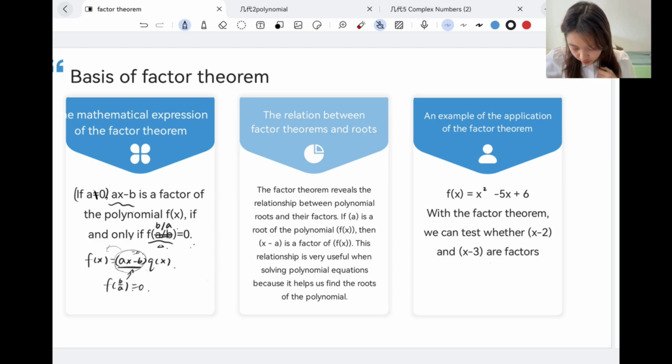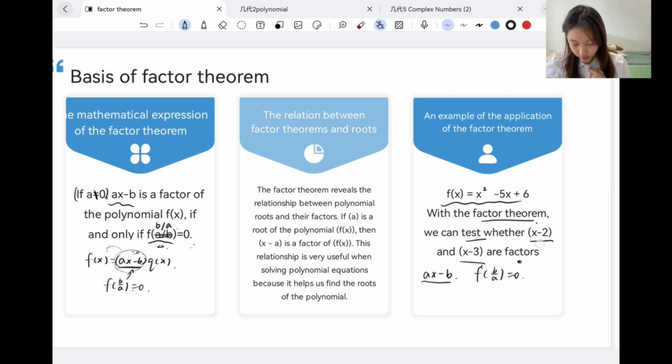Okay, then let's see an example of this application. If we know f(x), then we need to use the factor theorem to test whether x minus 2 and x minus 3 are factors. First, we know that if these two are factors, then f(b over a) should be 0.